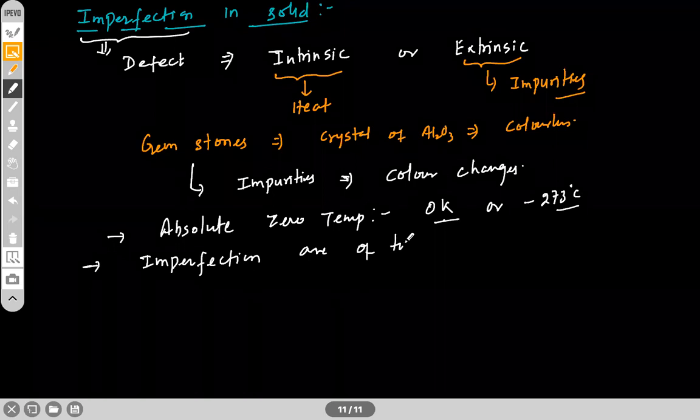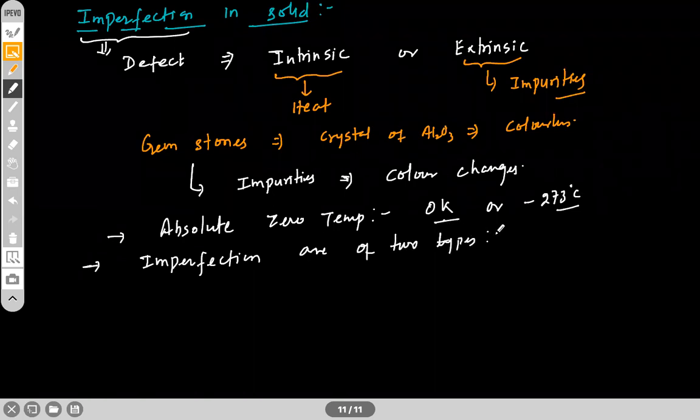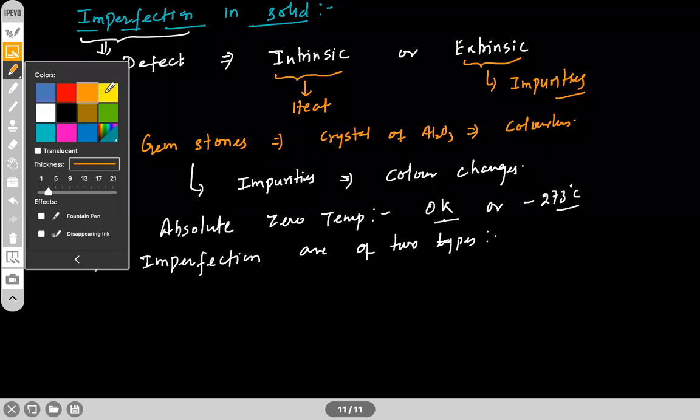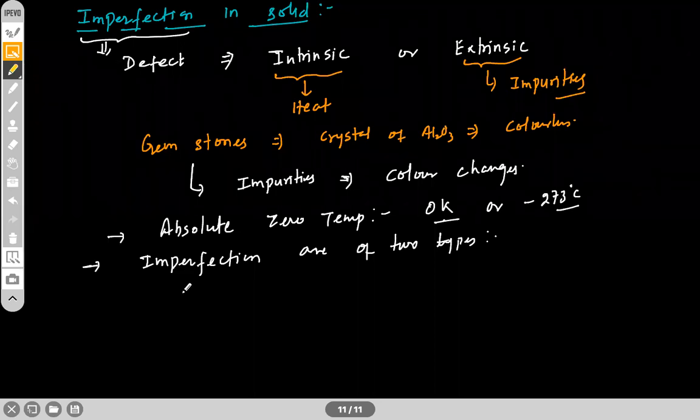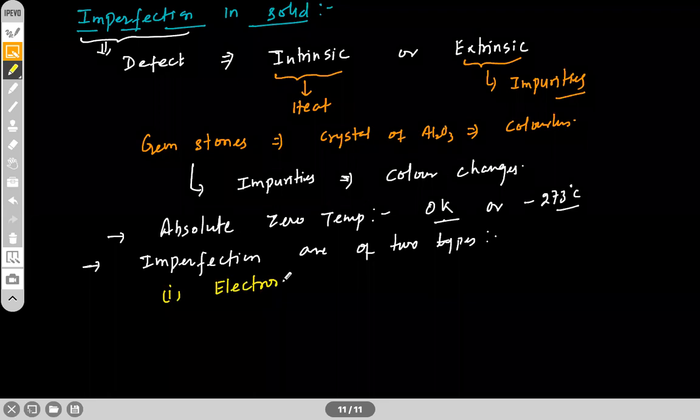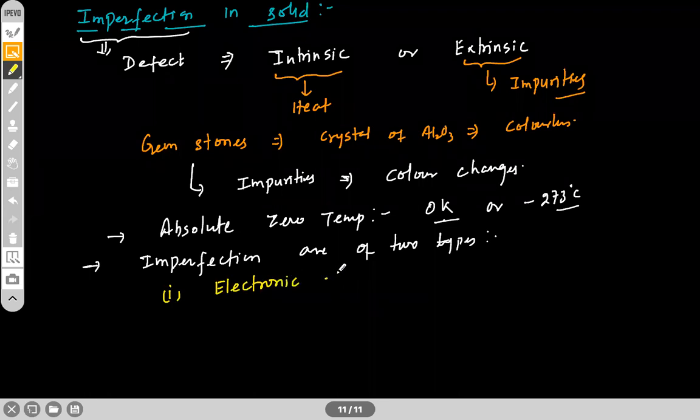They are of two types. The first one is electronic imperfection.